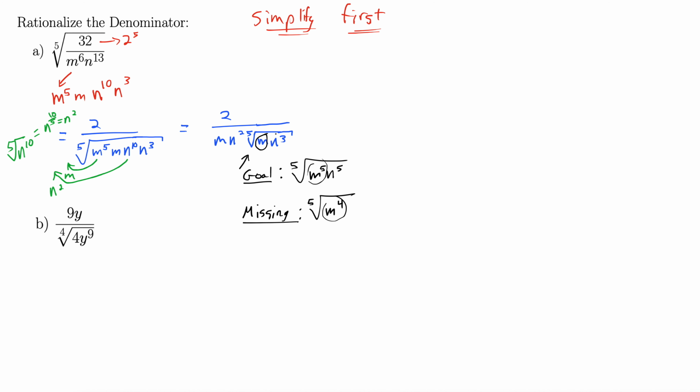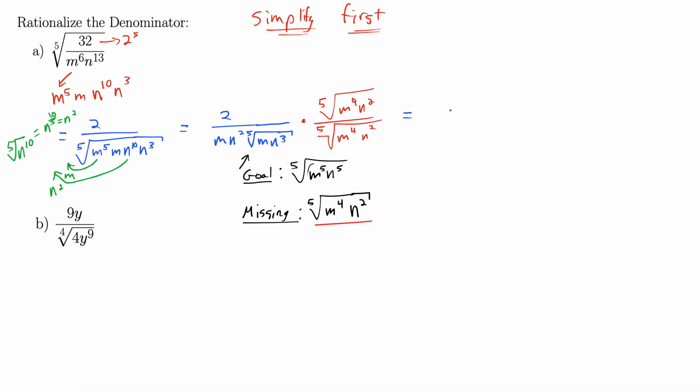Let's look at the n's. We have 3 of them. We want 5 of them. So we're missing 2 of them. Now we take this missing term and multiply both the numerator and the denominator by that: the fifth root of m to the 4th n squared over the fifth root of m to the 4th n squared.